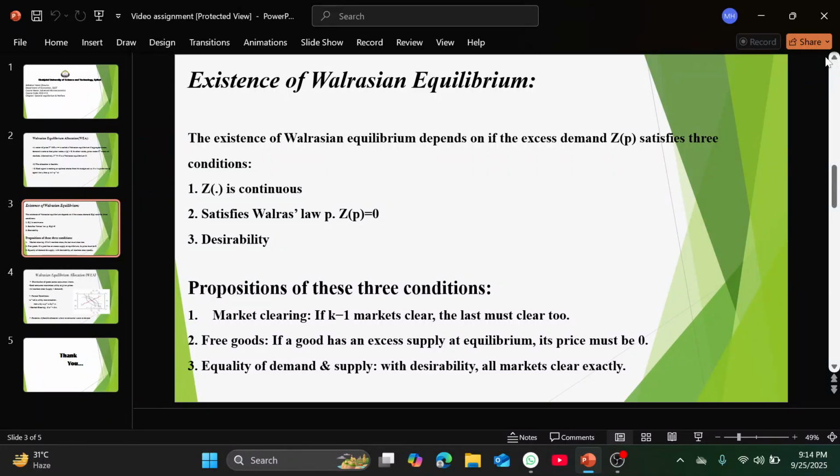In market clearing, when aggregate excess demand equals zero, then the market will clear. And free good: when aggregate excess demand is less than 0, then price equals 0, and that good will be a free good.